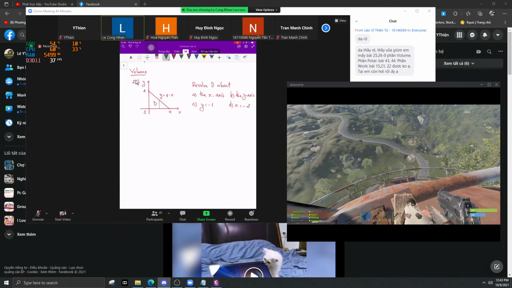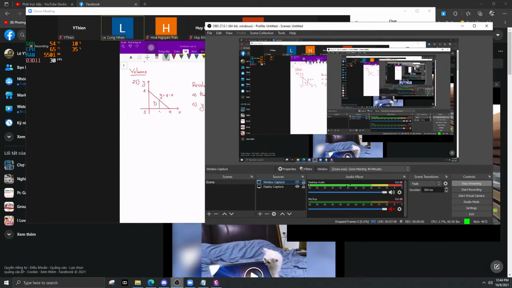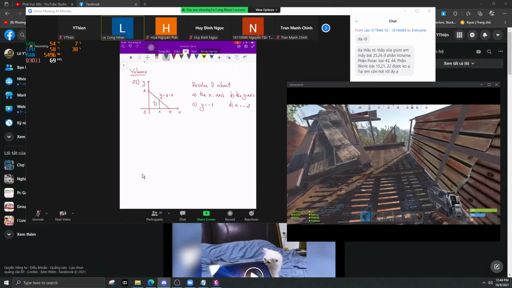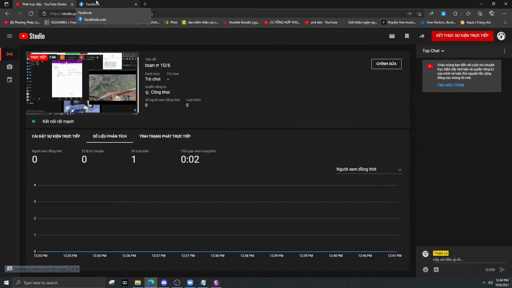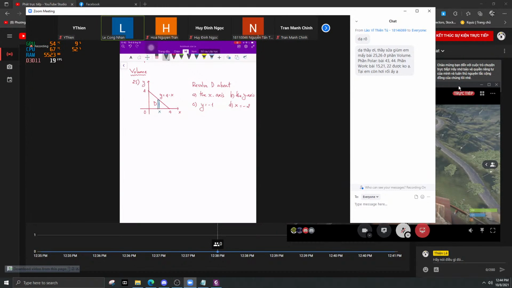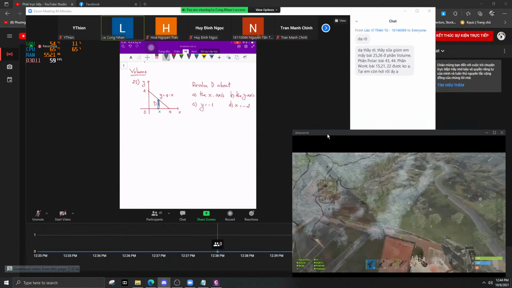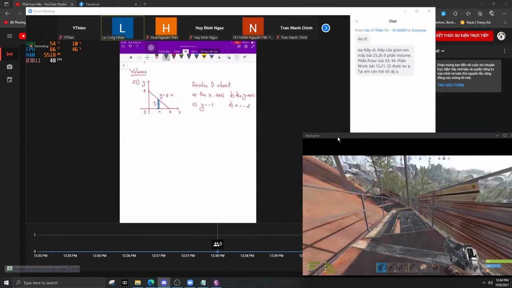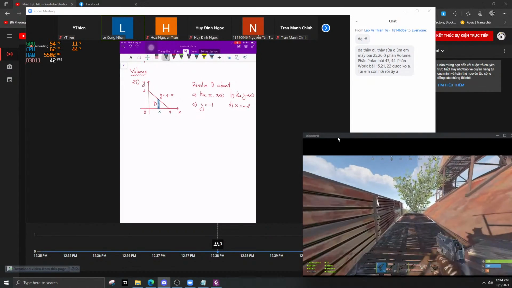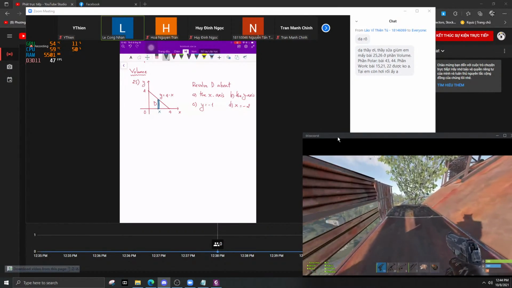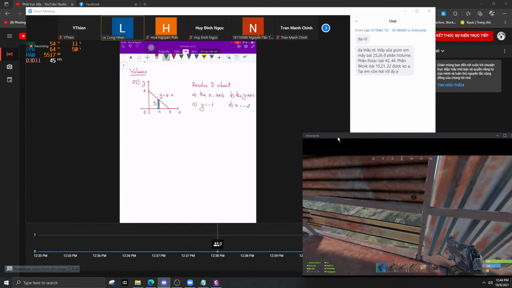We have the cross section: we cut this region by a vertical line, so we have the representative rectangle with a very small width. Then in part A, if we rotate this representative rectangle about the x-axis, what do we get?